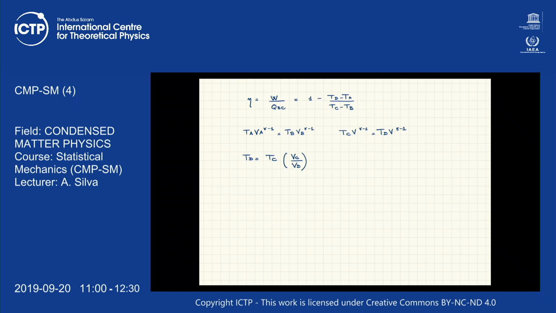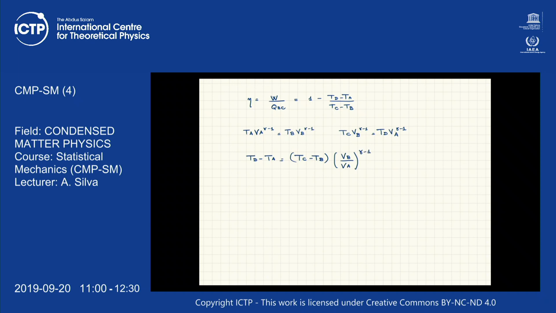So VD is equal to VA, and VC is equal to VB. Right. So, well, if you solve these 2 equations, then you will see that TD minus TA is equal to (TC minus TB) times (VB over VA) to the power gamma minus 1.